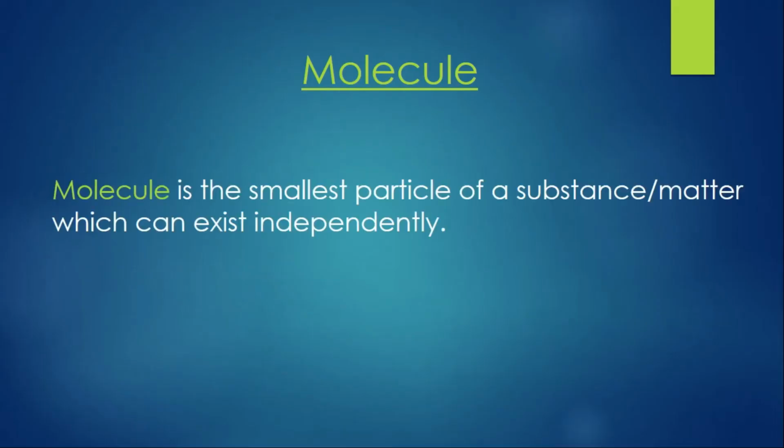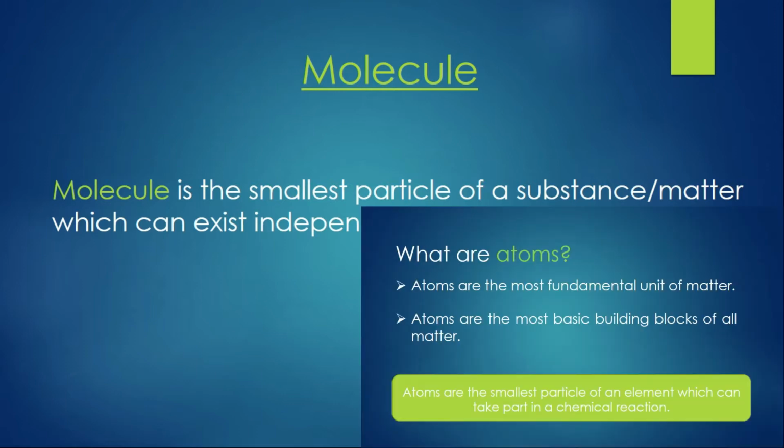If you look at the definition, a molecule is the smallest particle of a substance or matter which can exist independently. Now, in order to understand this properly, we need to get back to the video where I explained atoms. According to the definition given in your books, it is the smallest particle of an element which can take part in a chemical reaction.